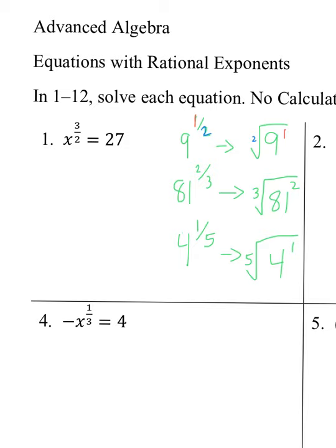And same thing goes here. So 81 to the exponent 2/3, this 2 is this 2, and this 3 here is this 3 here. And same thing with the last one. The 1 here is this 1, and the 5 on the bottom is this 5 here on the outside of the radical.